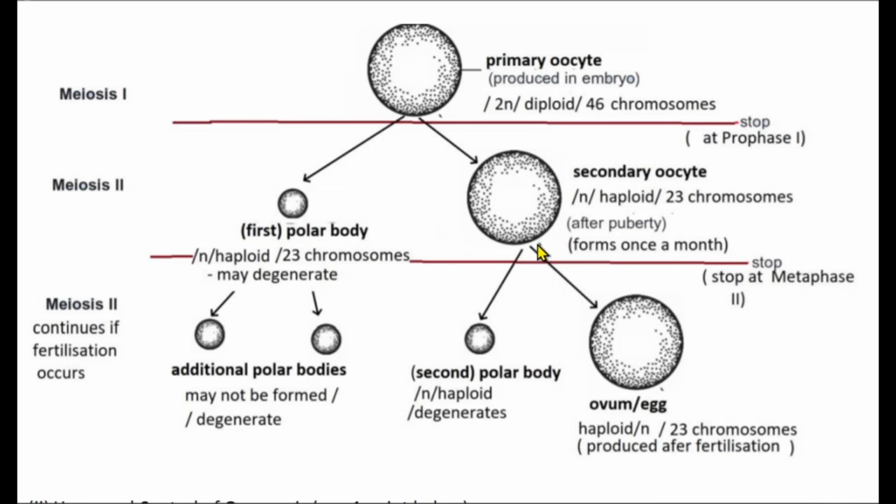It finishes meiosis, and this splits into two daughter cells, one being an egg or an ovum, which is also haploid, and the second polar body, which degenerates. The egg or the ovum, which is haploid, will fuse with the DNA of the sperm, which is also haploid, to become a diploid zygote eventually.